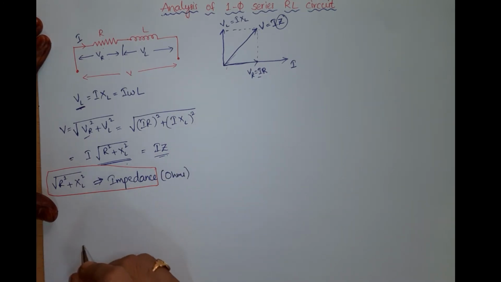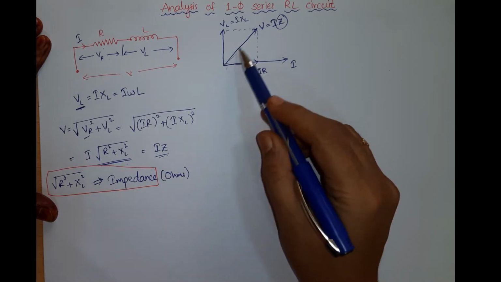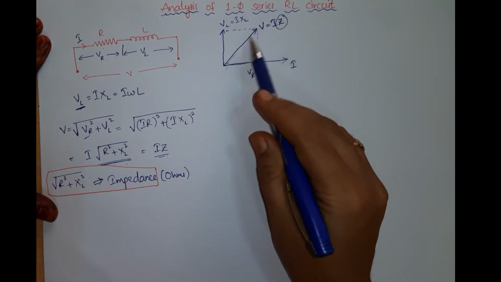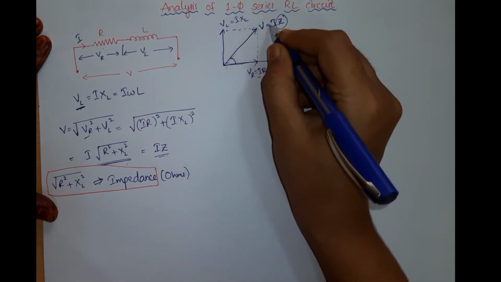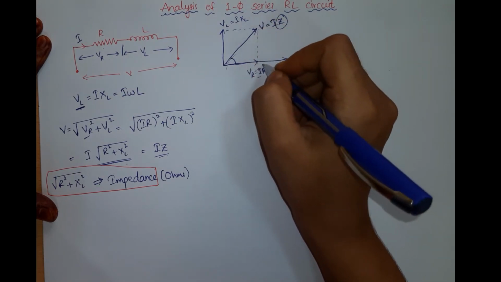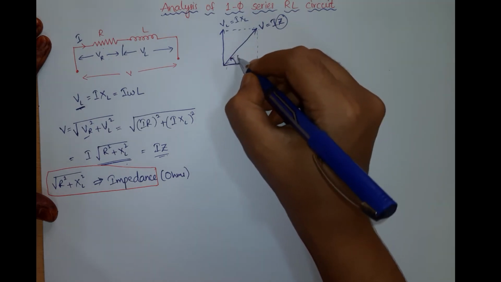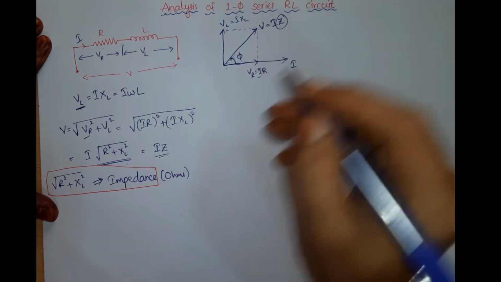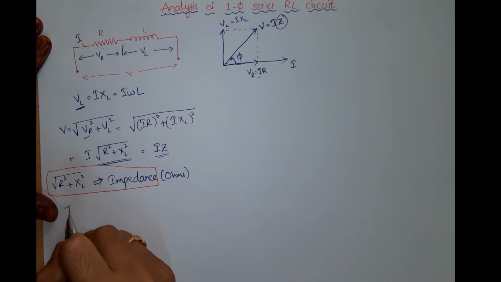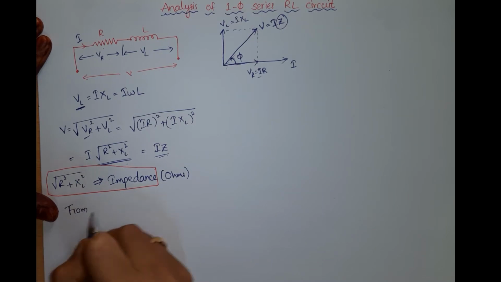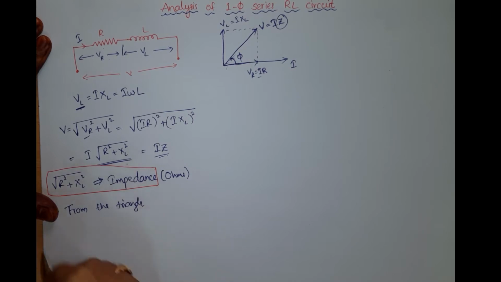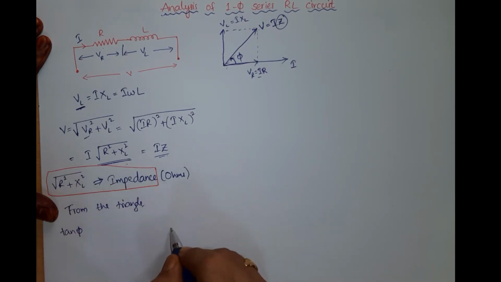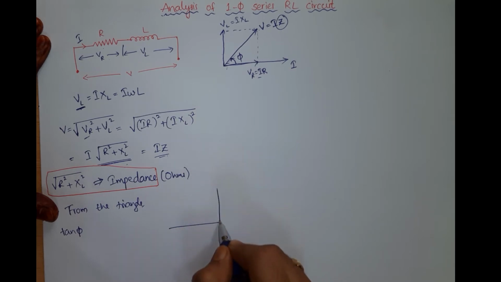Now if you see this triangle, let me suppose this resultant is leading the current by an angle phi. From the triangle, let me draw it once again so that it will be clear to you.